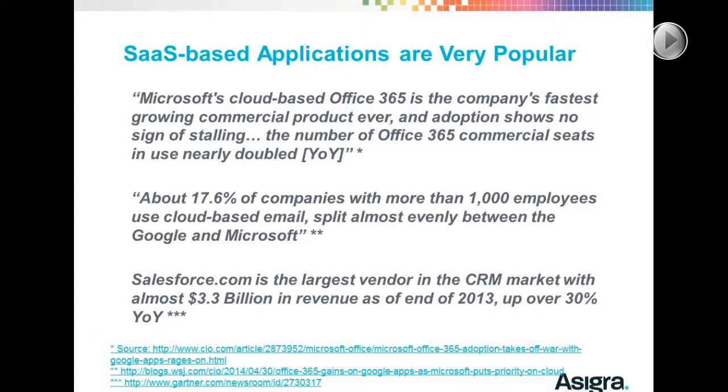As well, just looking at large enterprises using SaaS email, about 17.6% of companies with more than 1,000 employees use SaaS-based email, and that is split almost evenly between Google and Microsoft. And finally, for those of you that are using Salesforce.com, also a very important SaaS provider, they pretty well dominate the CRM market.